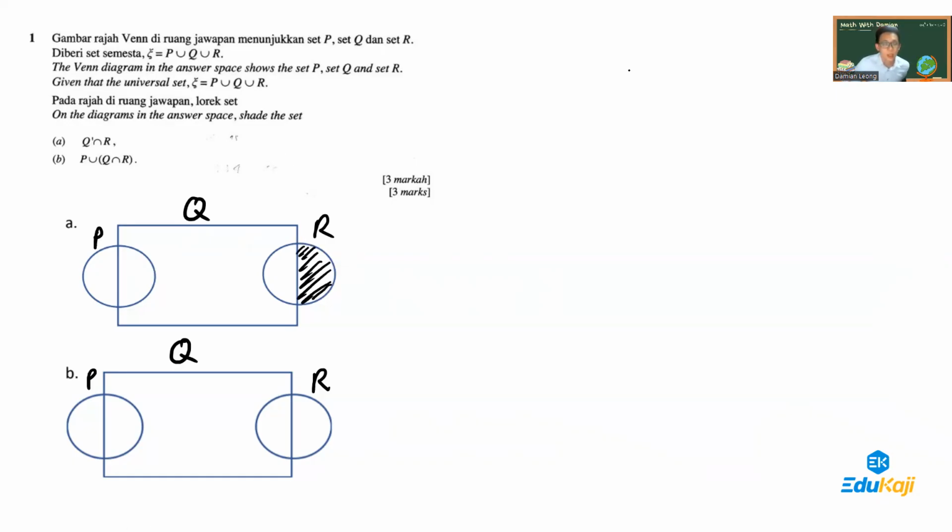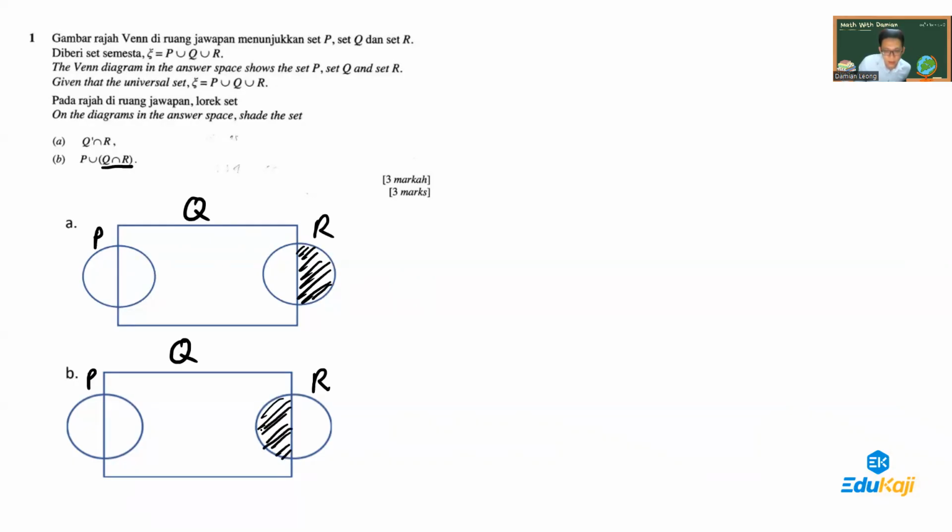As for B, whenever there's a bracket, always try to look at the bracket first. So Q intersect R would be this part, the part that is in both Q and R at the same time.